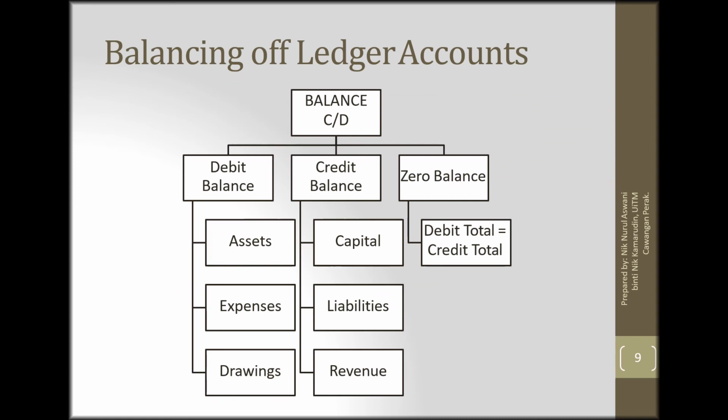Basically, for balance c/d there are different types of balance. We have debit balance, credit balance, and zero balance. Debit balances are for asset, expense, and drawing.